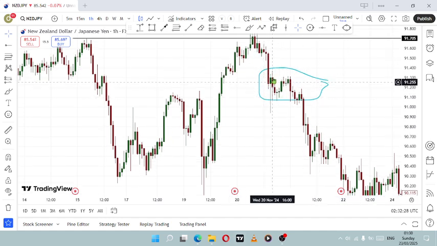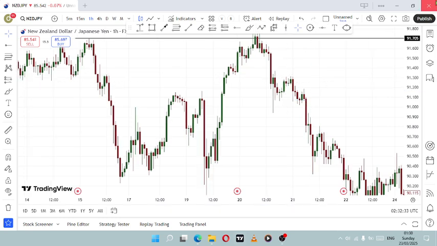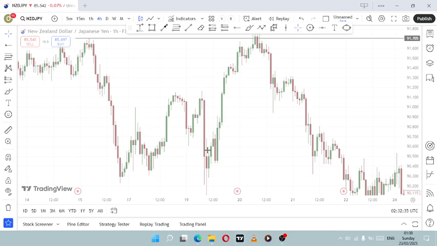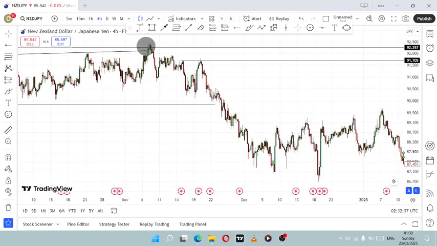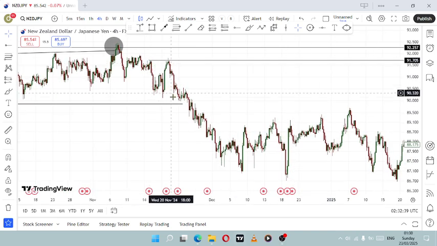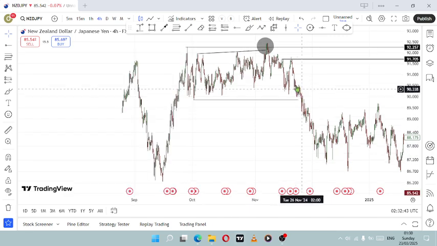So you can see an insurance entry, but any 4 hour structured. So we are only looking at 4 hour structured for now. Okay, you can see here is a 4 hour structured.